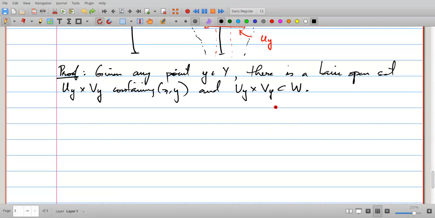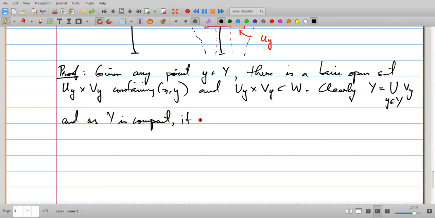So clearly Y is equal to the union of all these Vy, y in Y, and as Y is compact, it has a finite subcover.